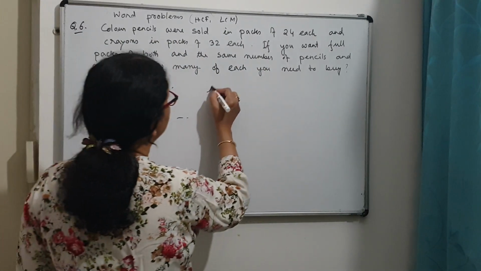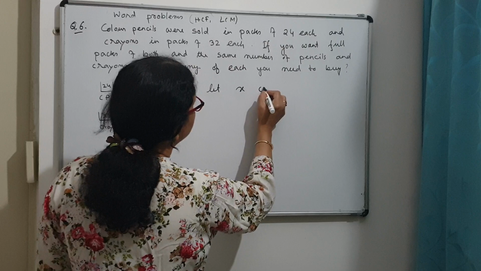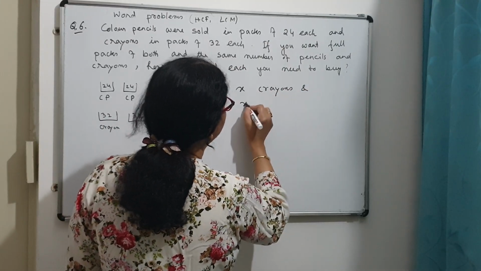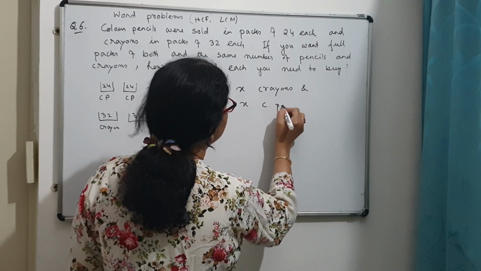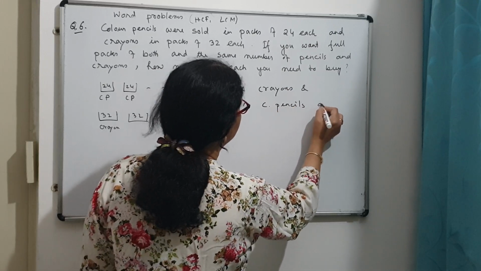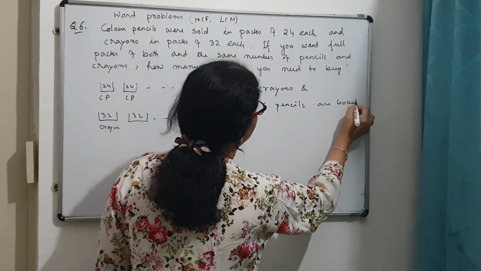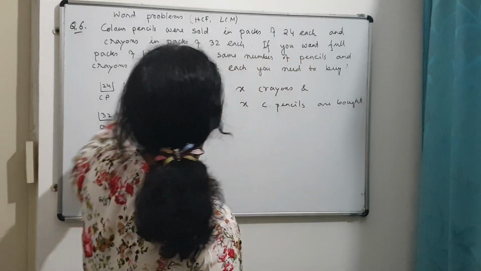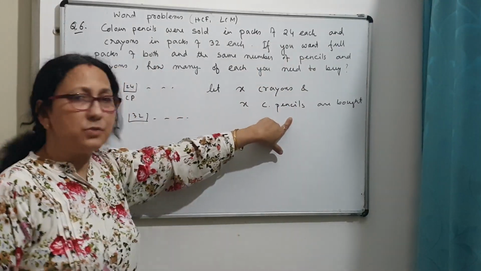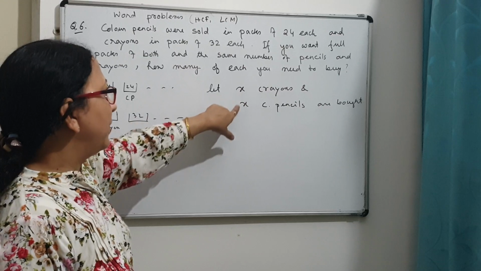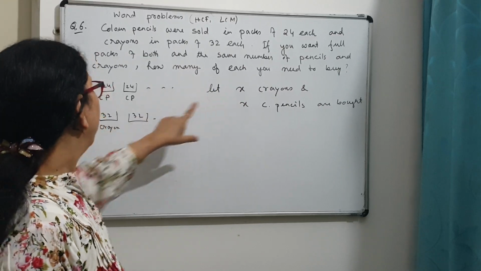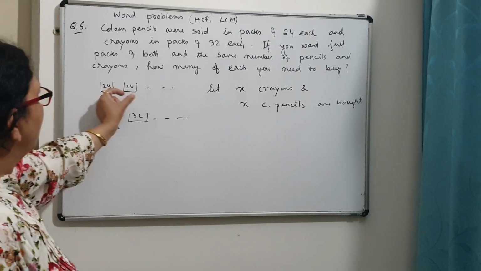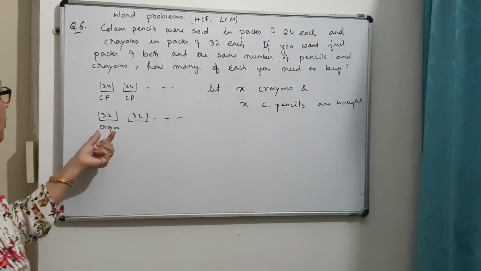That means, let X crayons and X color pencils be bought, because you have to buy the same number of pencils and crayons. So now what will be the value of this X? Because we have to buy in packs, a group of 24 pencils and a group of 32 crayons.